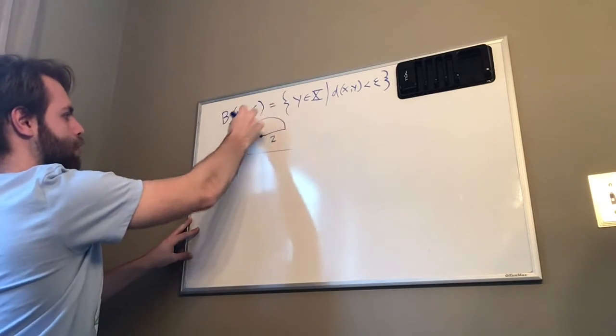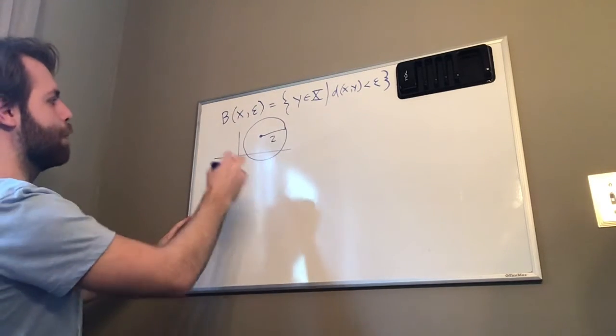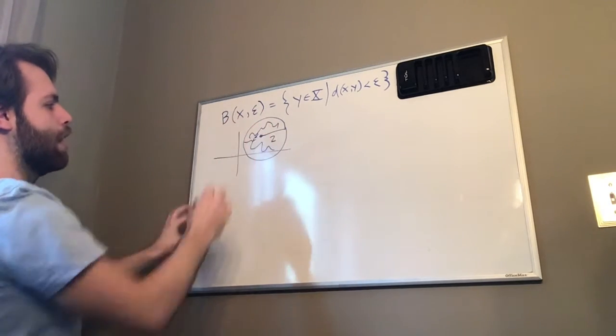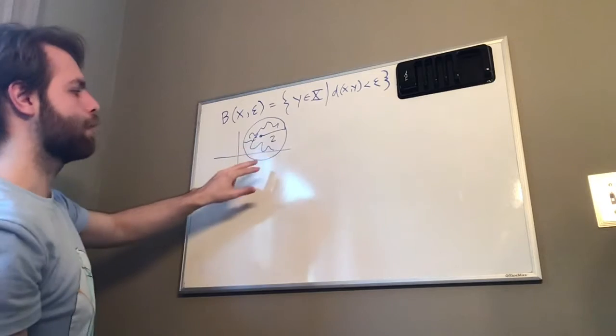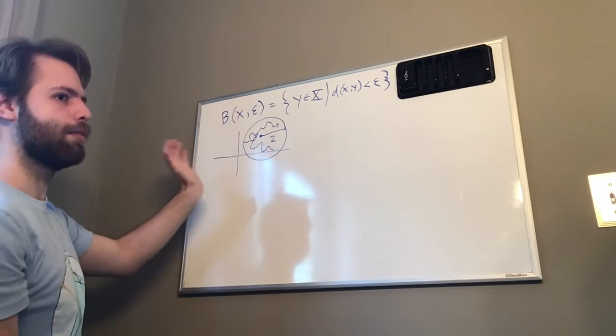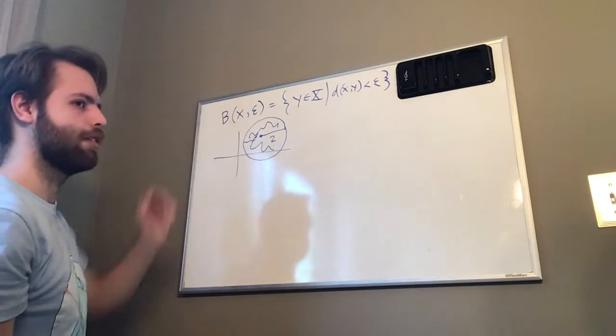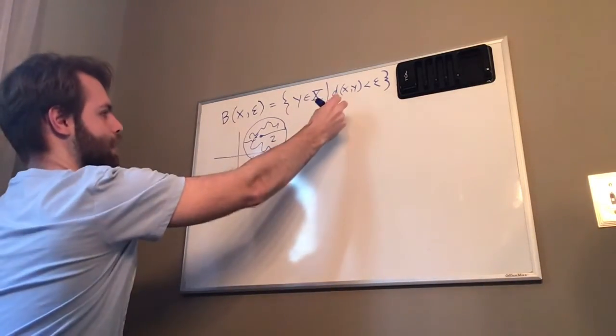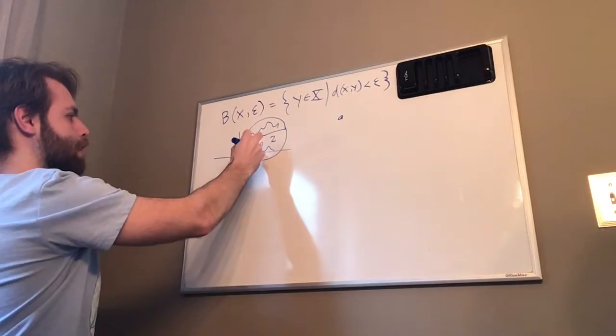And if I draw a circle around here, then my ball is going to be all the points inside the circle. But we're less than epsilon, so it won't actually include the border of the circle. Everything less than 2. If you had a point way out here, it wouldn't be in my ball, but this point here is in my ball.